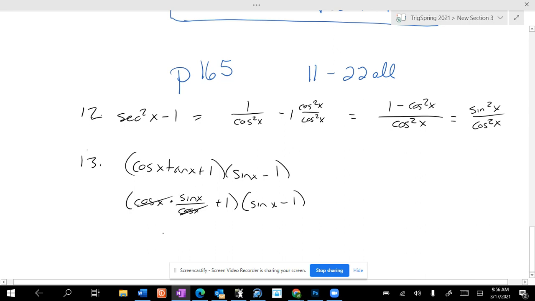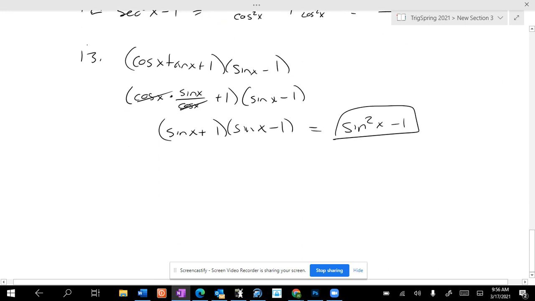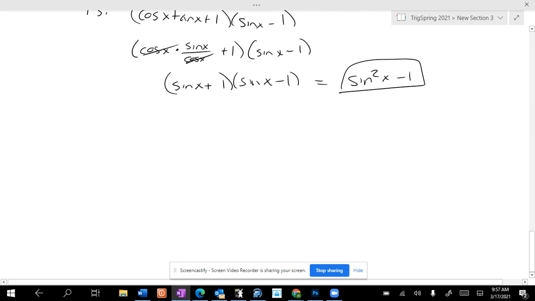So the cosines cancel here. So it's sine of x plus 1 times sine of x minus 1, which is sine squared of x minus 1. Just leave it like that. Now, could you change that to negative cosine squared of x? Yeah, you could. It's fine for right now. Just so you know how to start manipulating these, that's the biggest part of this assignment.